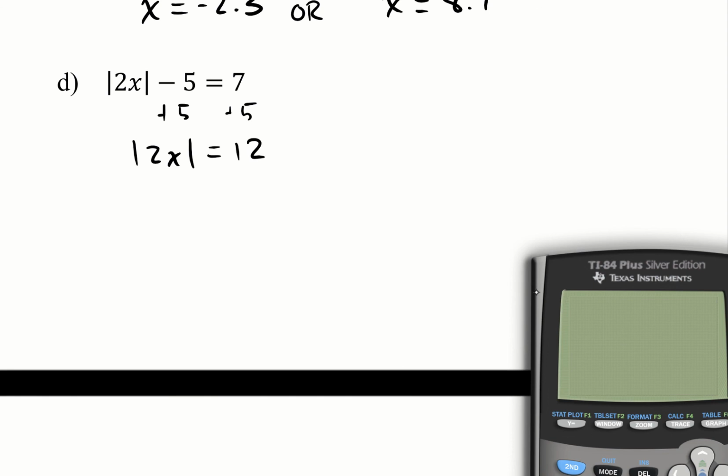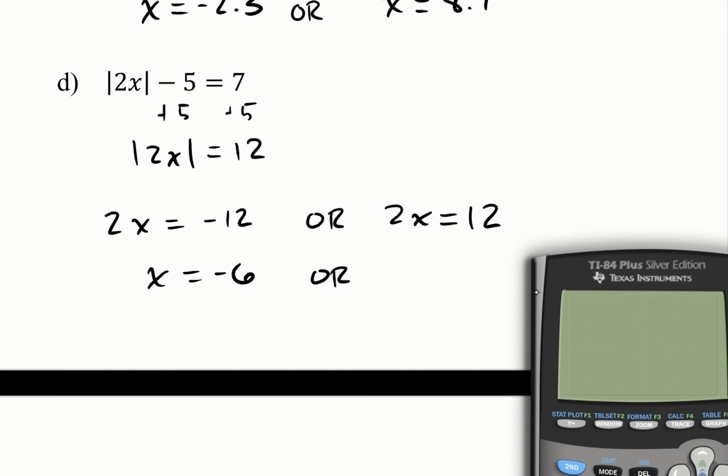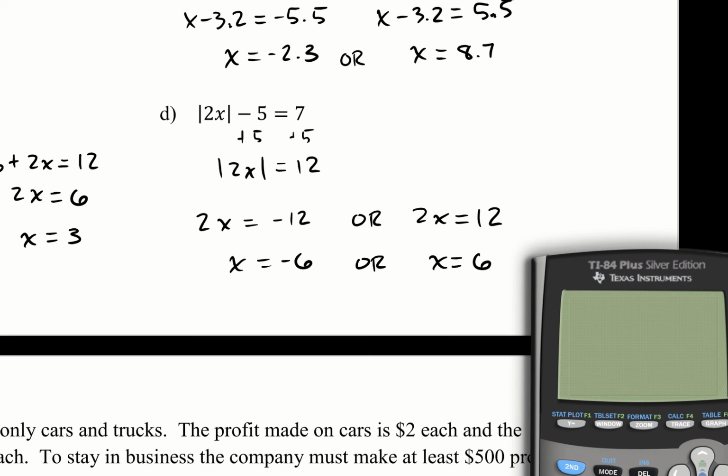Following the same thinking, either 2x is equal to negative 12 or 2x equals positive 12. Therefore, dividing both by 2, x is negative 6, or x is positive 6. So those are absolute value equations.